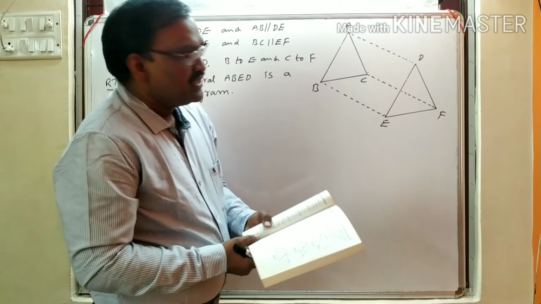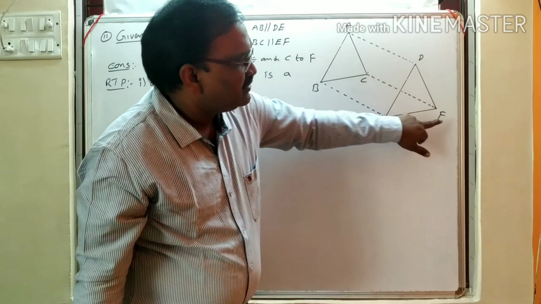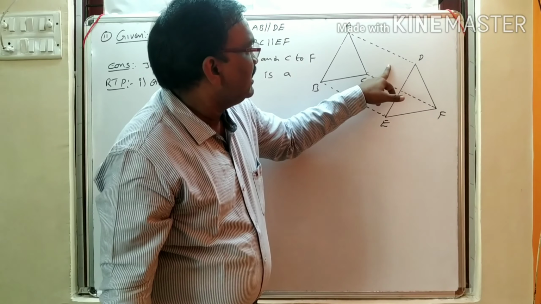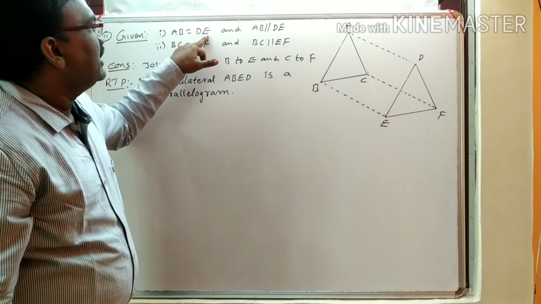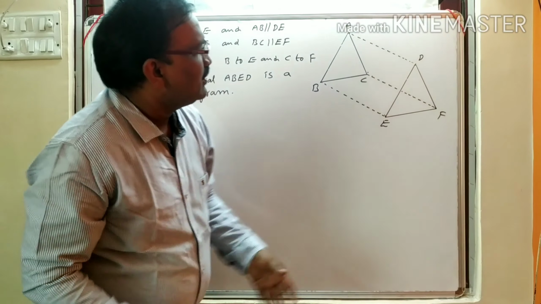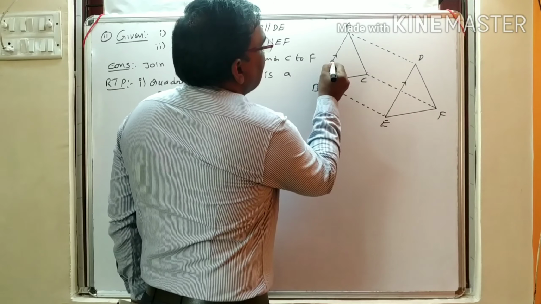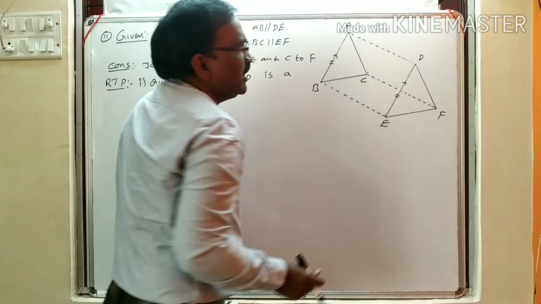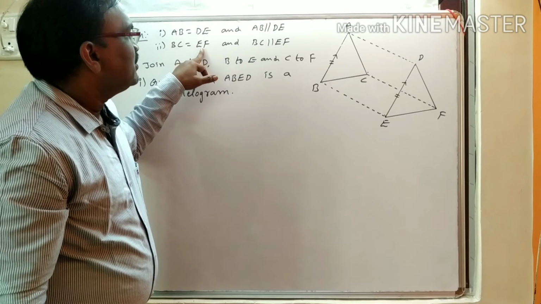See, ABC one triangle, DEF another triangle. In this, given AB is equal to DE and AB is parallel to DE. These two are parallel given and also equal given. Next, one more condition, BC is equal to EF.